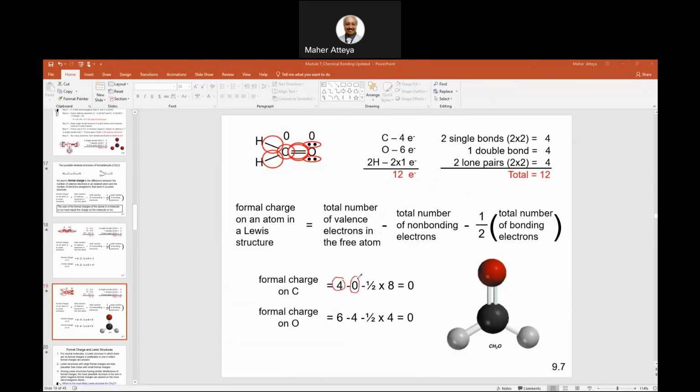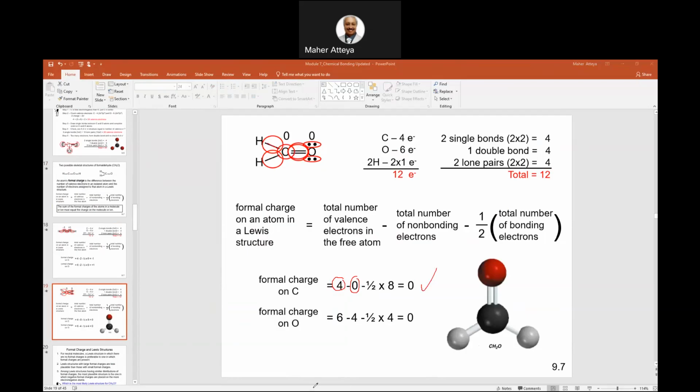There is none. Minus half of the bonding electrons. We have 2 sets of bonding here, 4, 5, 6, 7, 8, half of 8 is 4. So 4 minus 0 minus 4 is 0.